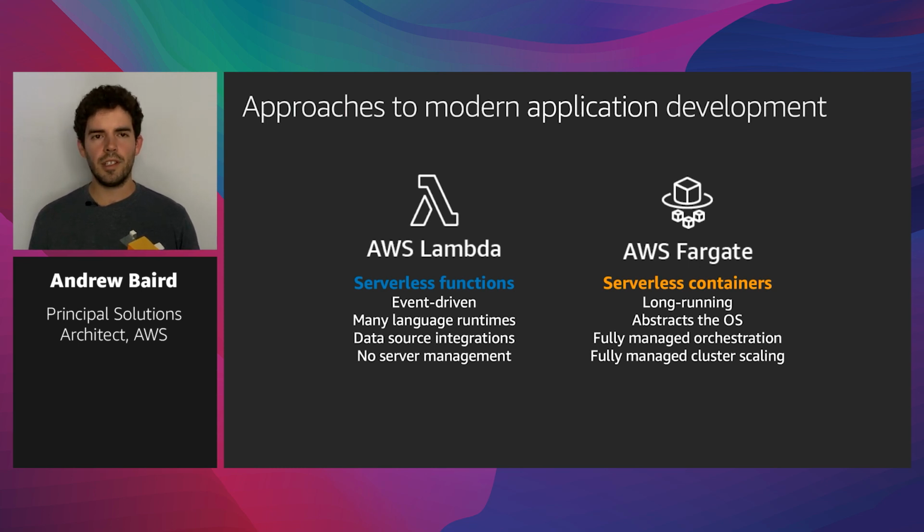Both are serverless in nature and reduce the management complexity you have. One is function-based, where you're writing very minimal, business-logic-only code that is going to be deployed as functional units, functions on top of AWS Lambda. Or on the other hand, Fargate, where you're going to be deploying container-based applications, but the infrastructure is still fully serverless and managed by the service. So two different options, both great approaches.